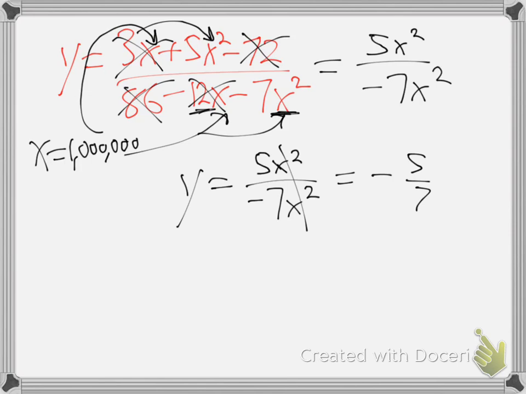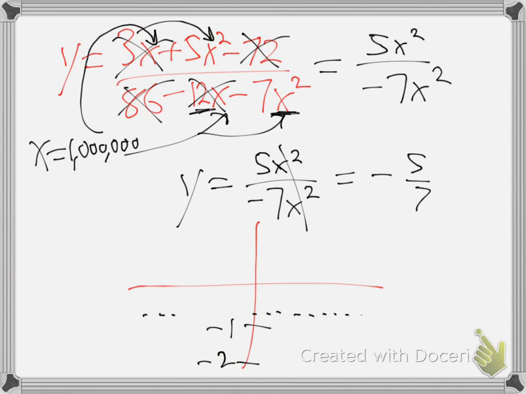Now, that means that's what it's going to look like as you go to the right or the left forever. Now, what is that? Notice that doesn't have an x. There's not an x there, so that's not a slope. That's another flat line. It's just at a height of minus 5/7, right? So graphically, let me draw a little graph here. Like if this is -1, this is -2, it's about right here.